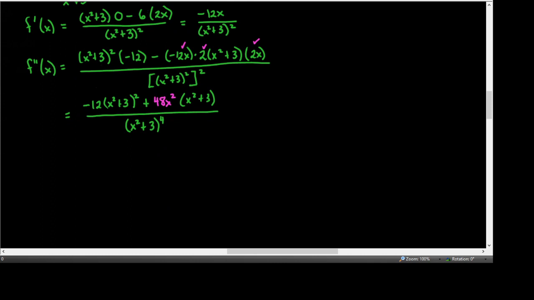All right. Then, looking at those two numerator terms, there is a common factor of negative 12. No power of x is a common factor, but x squared plus 3 to the first, the lower power, is a common binomial factor. So if I factor out negative 12 and x squared, a single x squared plus 3, it will leave the other x squared plus 3. Plus, then 48 divided by negative 12 is negative 4.